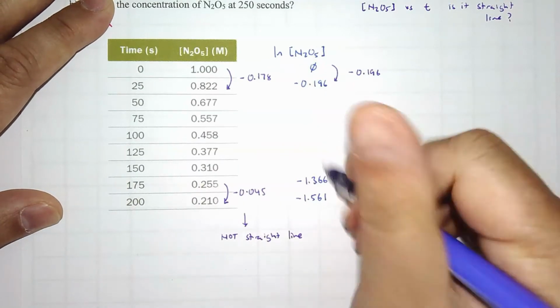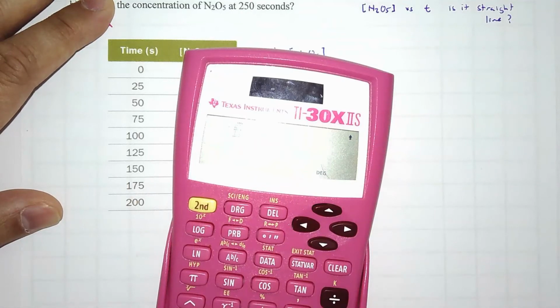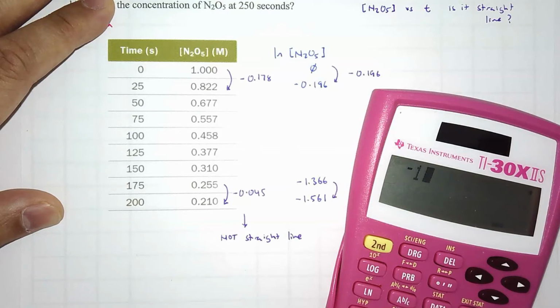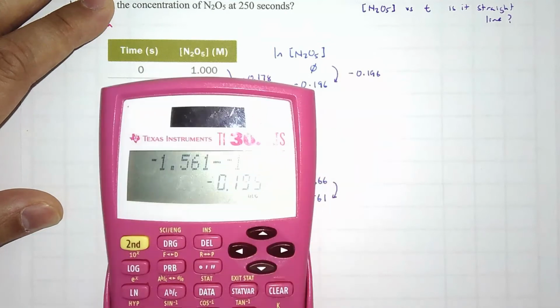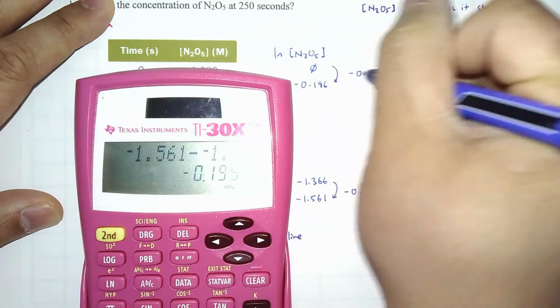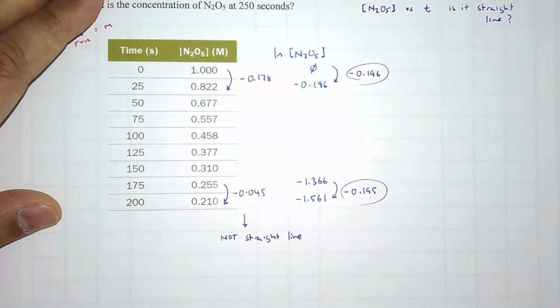Take a look at this difference now. I want to stay consistent, so I've always taken the second data point minus the first: negative 1.561 minus a negative 1.366. Ooh. Negative 0.195. Do you see how those two now are the same? Now what is the slope?